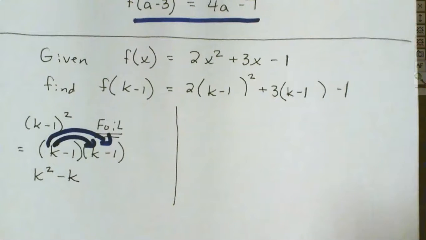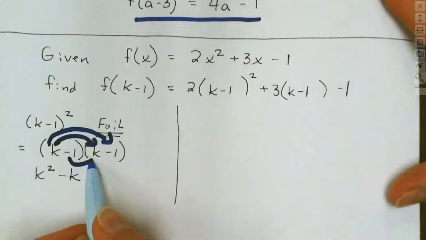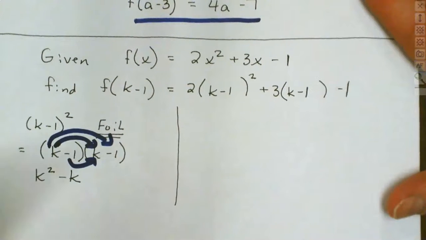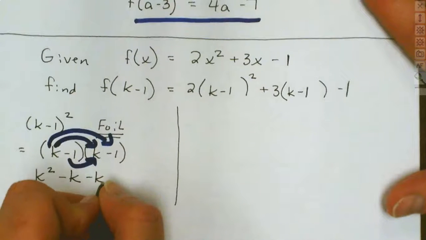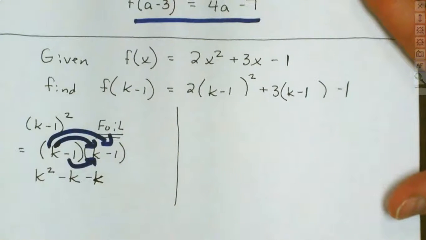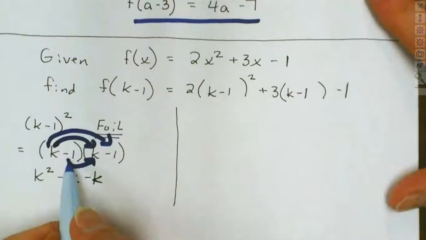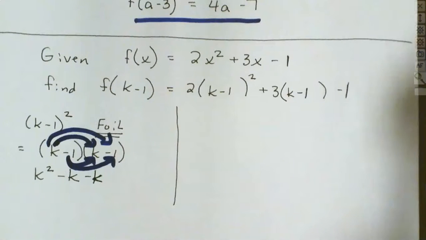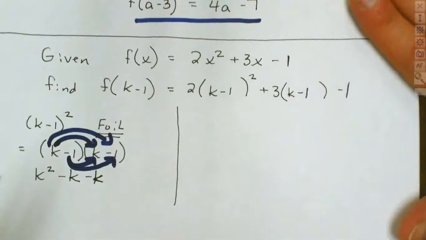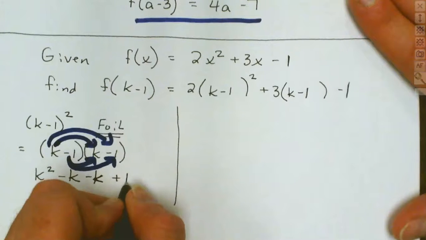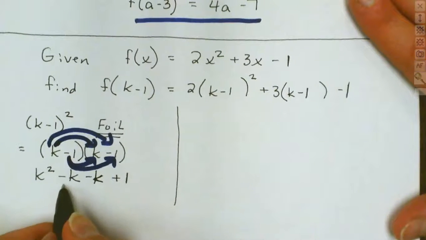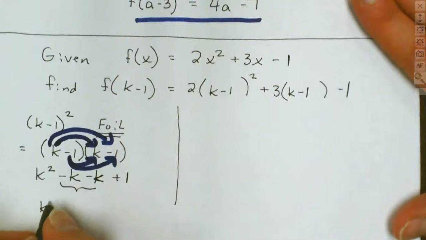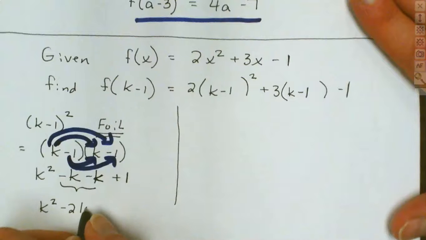Then we do the inside times the inside here. Negative 1 times k, that makes that a minus k. And then finally we do the last times the last. And the last times the last is minus 1 times minus 1, that makes that then a plus 1. These k's can go together here, and that gives you then k squared minus 2k plus 1.